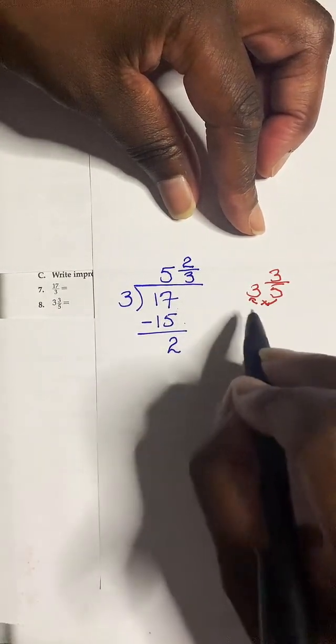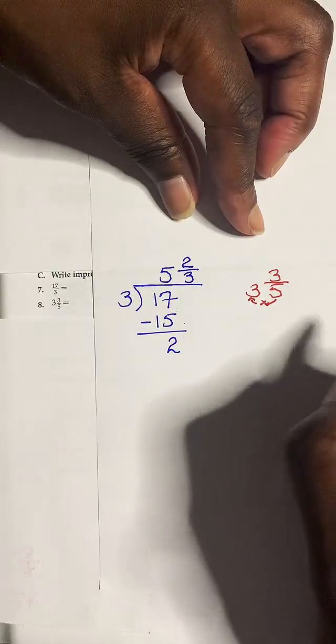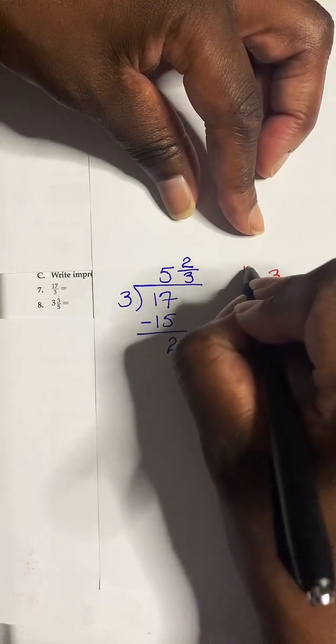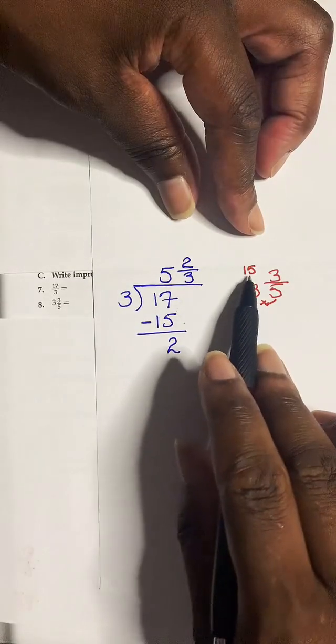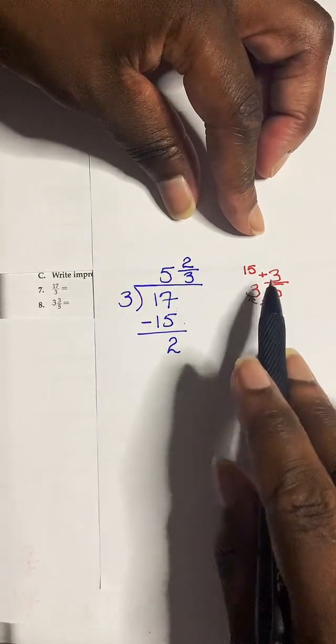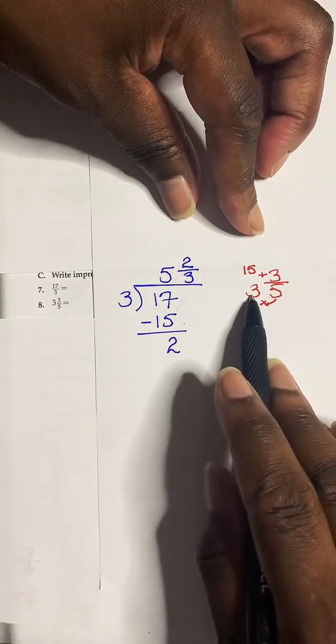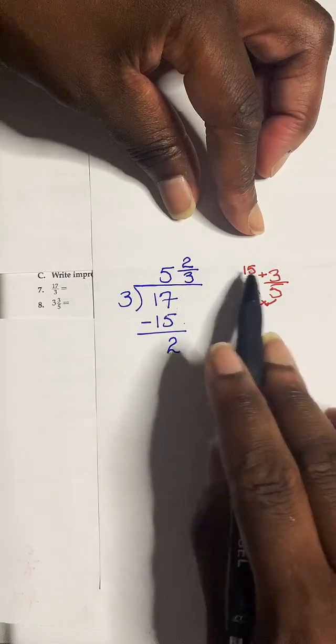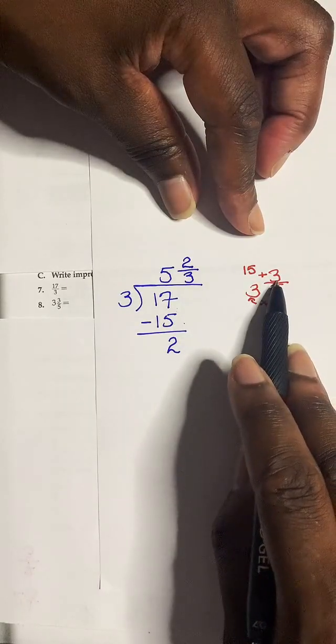Multiply it by the 3. We're going to get an answer. So 5 times 3, that gives us 15. We're going to take this 15 and add it to the numerator. So multiply the denominator with the whole number, then take the answer and add it to the numerator.